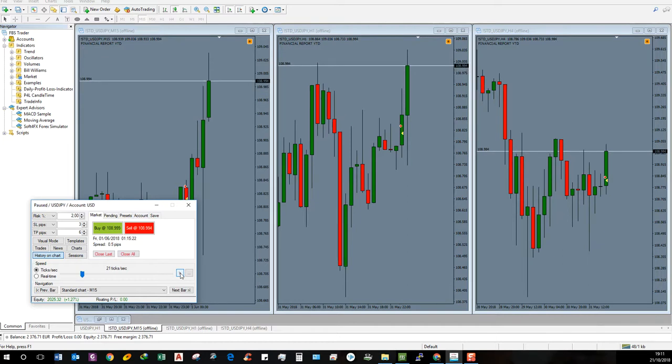Sweet. Okay, I feel like taking a buy right now. So I'll be keeping my risk to 2% and trade a buy. But this time, let's say I'm gonna put my stop loss right there at 8 pips, and my take profit is gonna be, let's say, 5 pips.